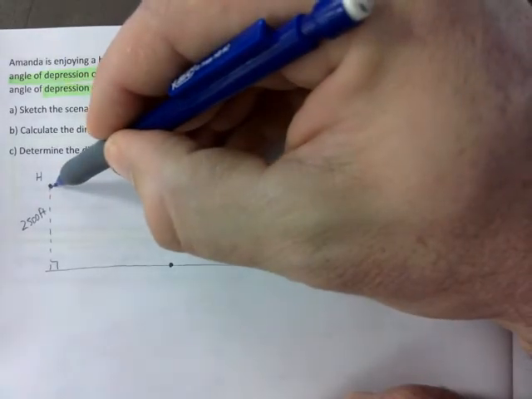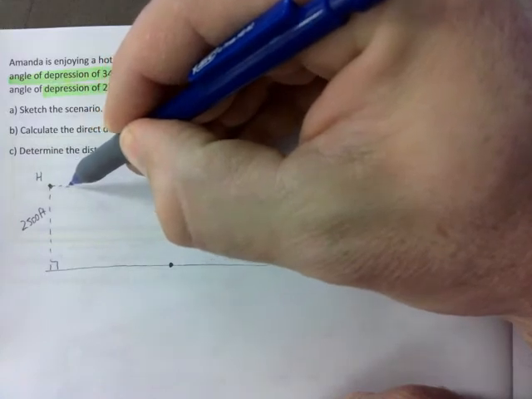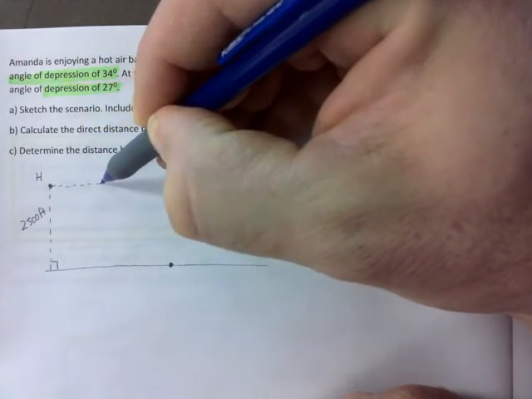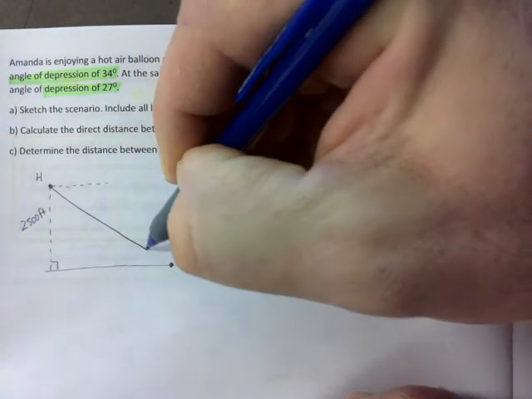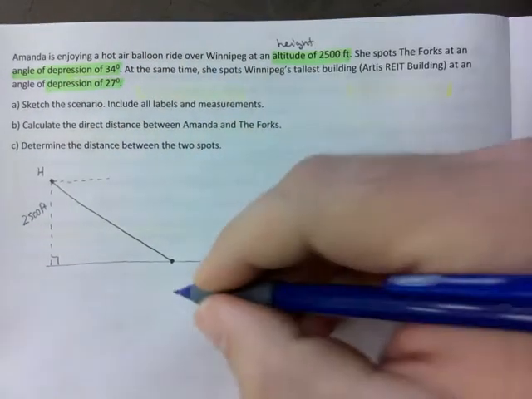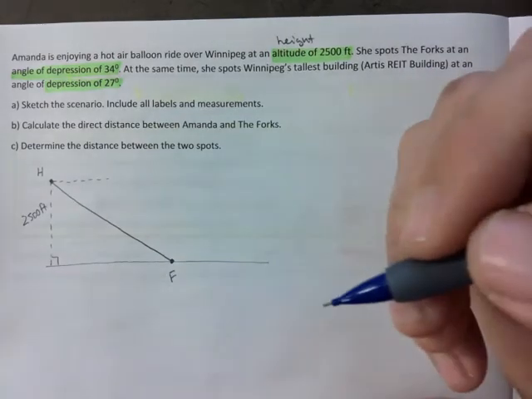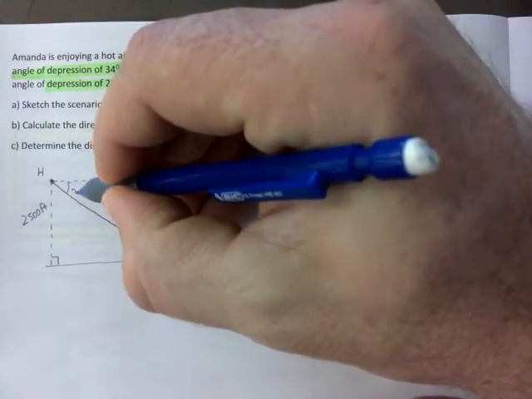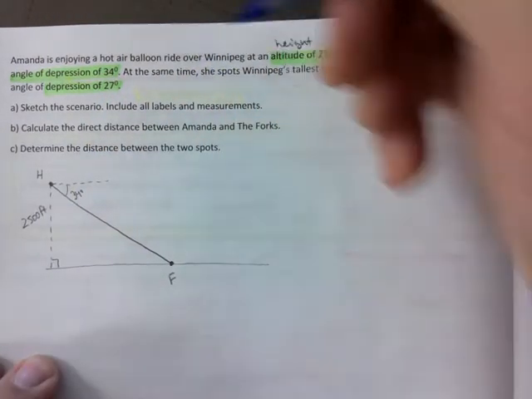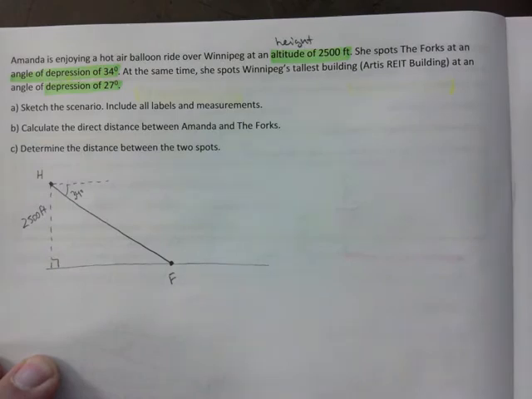So you have to imagine there's a horizontal line up here, and from there it's measured that this is forks. That angle right there is 34 degrees. That's what is being talked about as being 34 degrees.